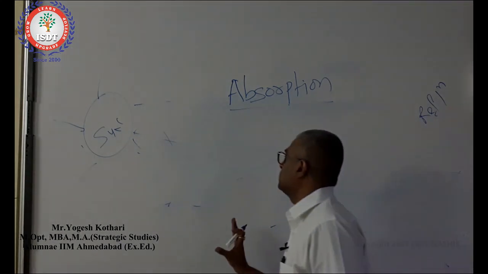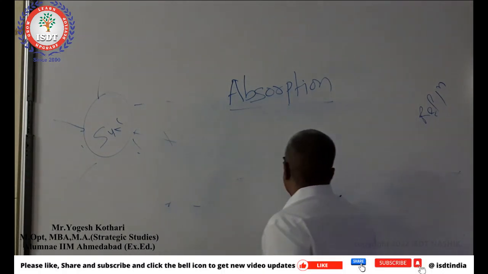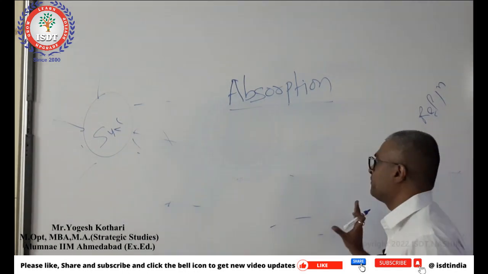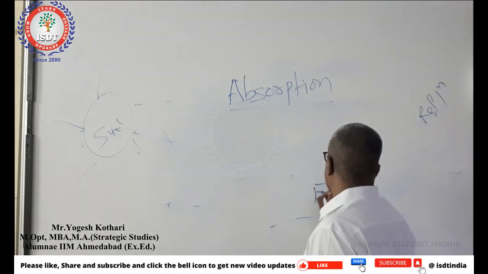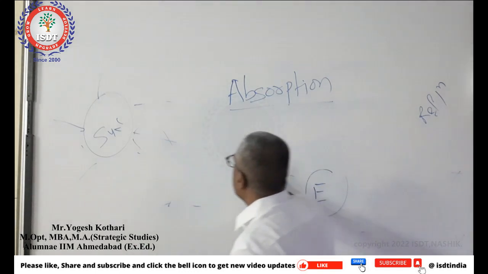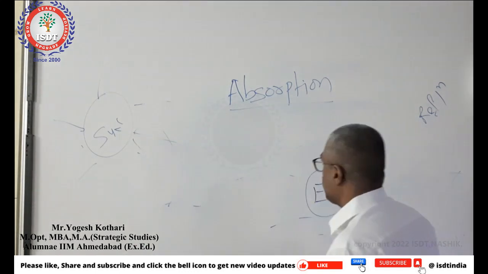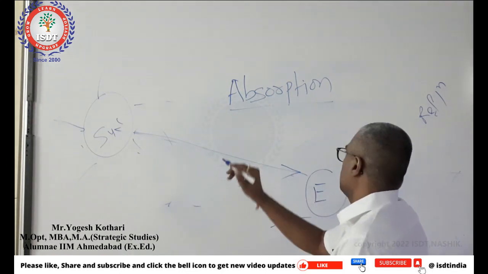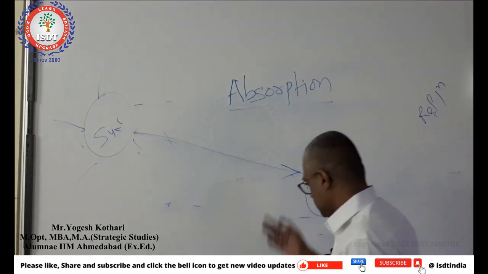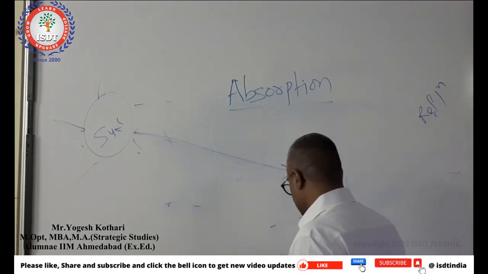Now this light coming from the sun has some velocity, some speed. So what is the speed of light? From the sun to the earth there is a vacuum, and this light passes through this vacuum or this air, you can say, maybe less scientifically, but air.